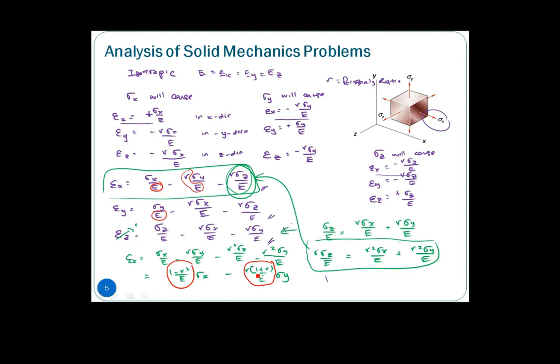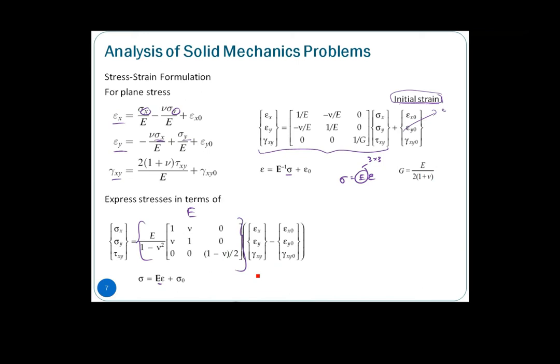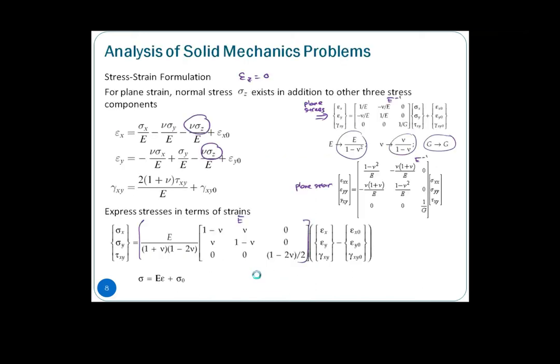Okay, so that is what we have under plane strain. So basically that is the relationship of the stress and strain, under plane stress conditions and plane strain conditions. So this is important, later on to help us formulate our solid mechanics problems.